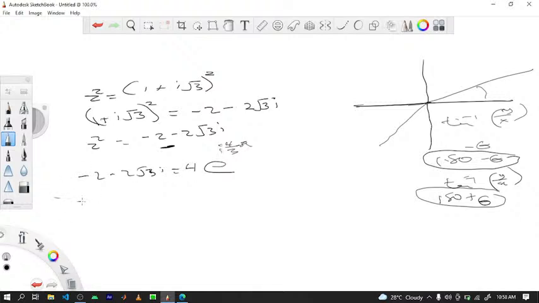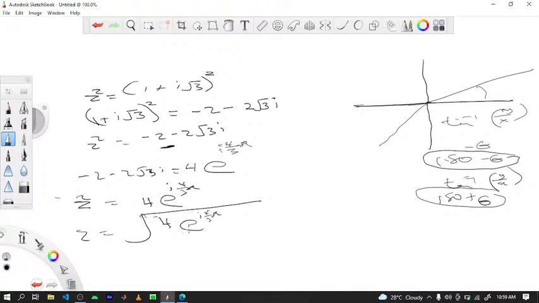Now remember, z squared is equal to 4 e to the power i 4 over 3 pi, right? We are supposed to find z, clearly indicating both the real and imaginary part. It means z is equal to the square root of this whole thing, 4 e to the power i 4 over 3 pi.